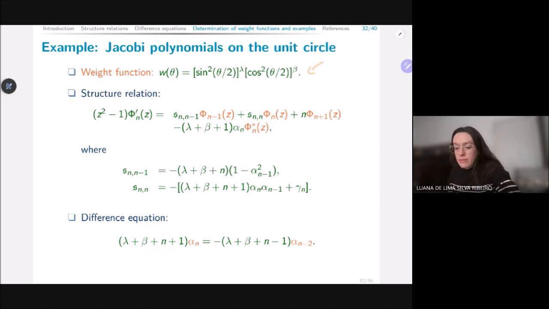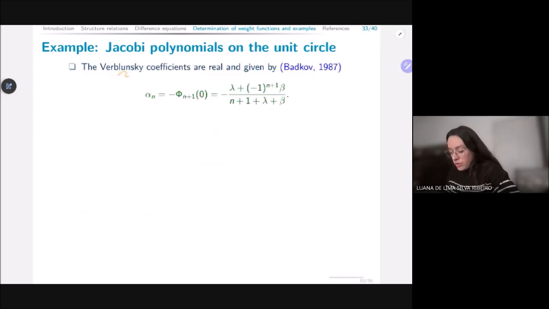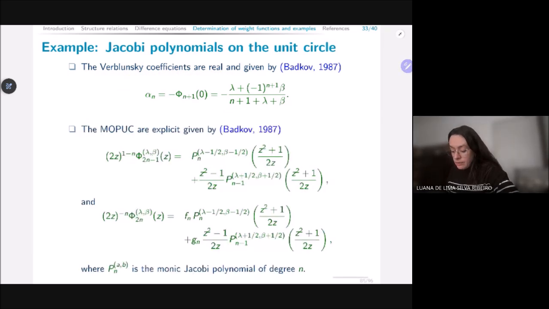This is another example where the Verblunsky coefficients and also the orthogonal polynomials are known explicitly. So for this case, the Jacobi polynomials on the unit circle, the Verblunsky coefficients are real and are known explicitly. And the monic polynomial can be given in terms of the Jacobi polynomials.